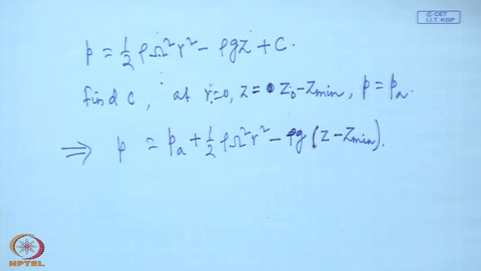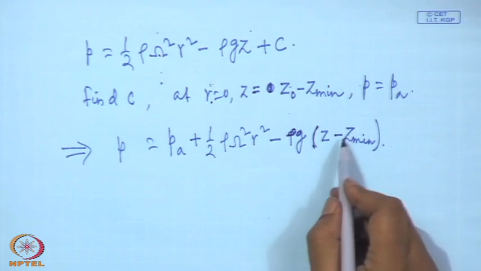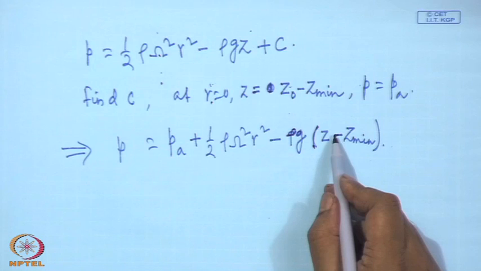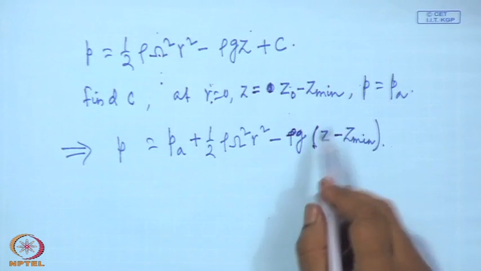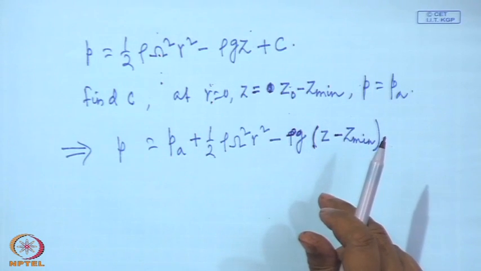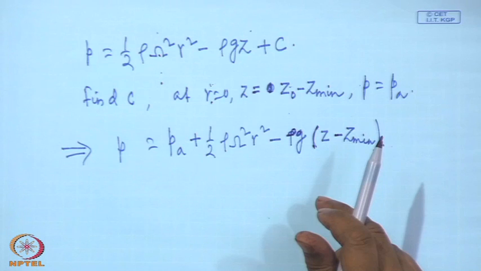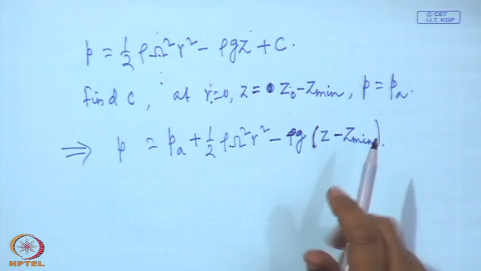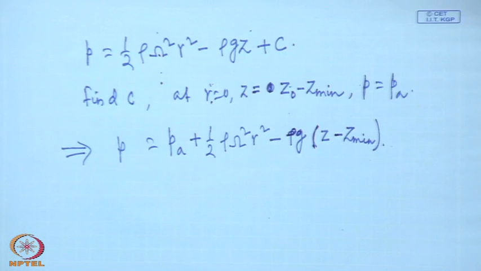Sorry, z plus the second is also plus or minus? In bracket also it should come minus.